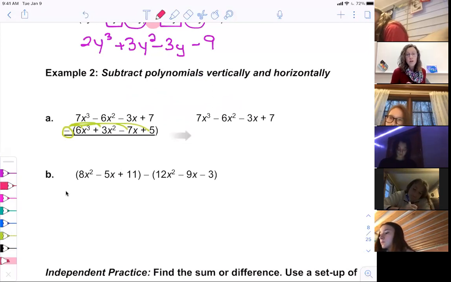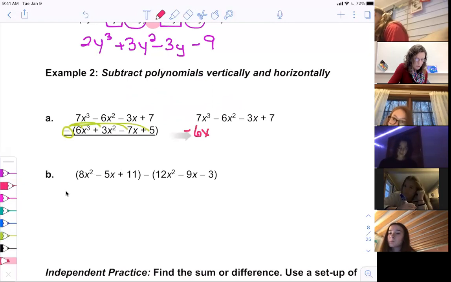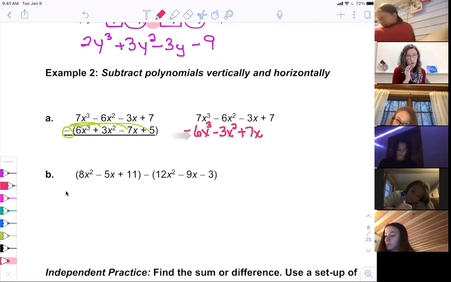So the first equation is staying the same because we're not subtracting. We're subtracting the second equation. So it would become a negative 6x cubed, negative 3x squared, and then that's a positive 7x. Be careful with that because there is already a negative in front of the 7x. And then we have a negative 5.